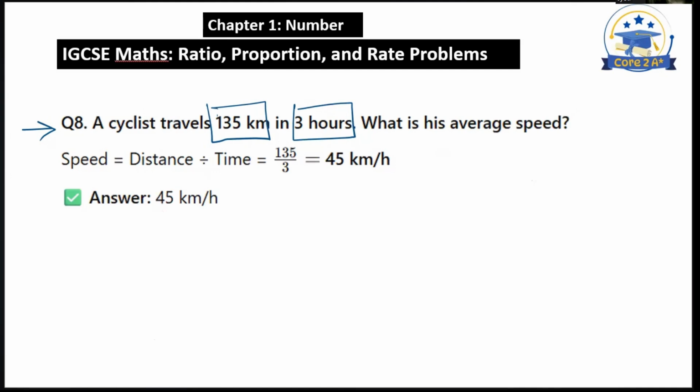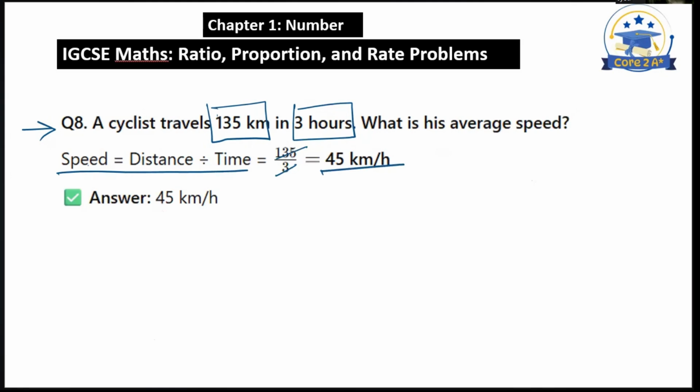A cyclist travels 135 kilometers in 3 hours, right? What is his average speed? So as we all know, this is the formula for speed. Speed equals distance over time. Put in the values and you can get the answer. After simplification, you will get 45 kilometers per hour.